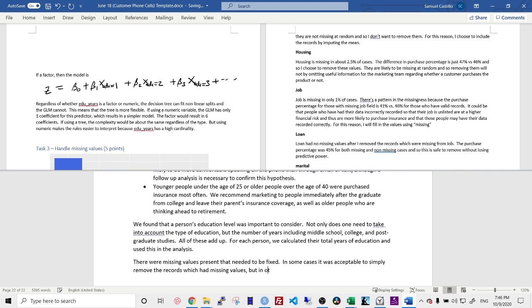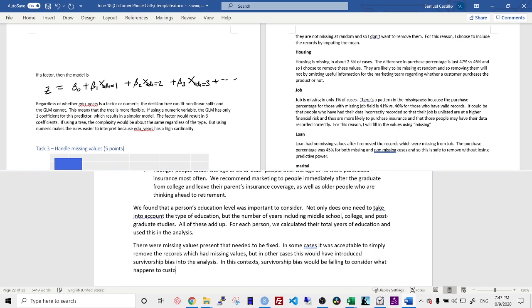But in other cases, this would have introduced survivorship bias into the analysis. In this context, survivorship bias would be failing to consider what happens to customers who were not included and basing the results only on those who were.